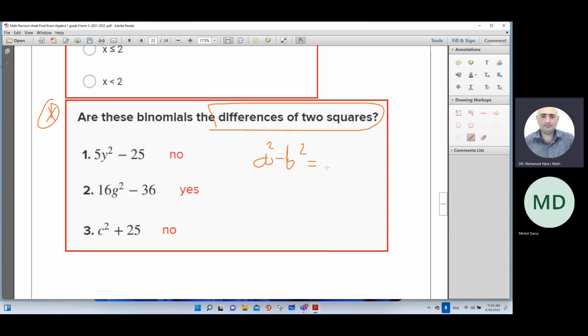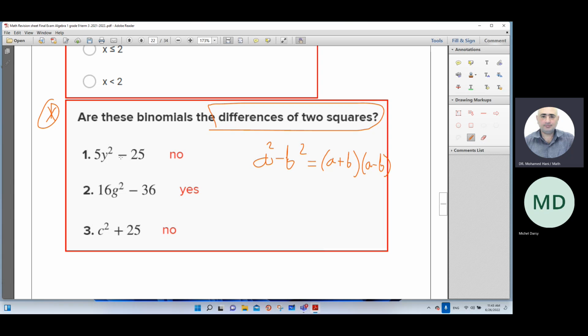Here you have the rule: a plus b times a minus b. So are these polynomials a difference of two squares?